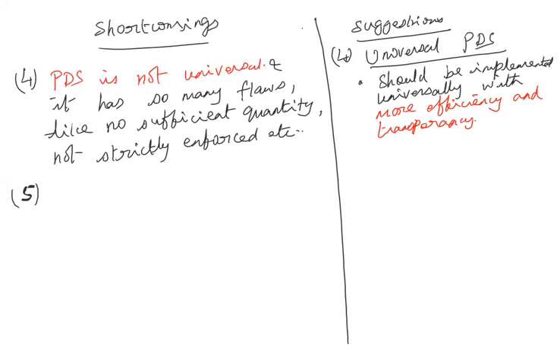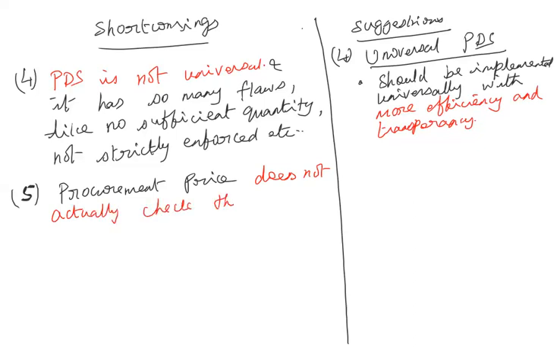Basically, the procurement price does not actually check the abnormal increase in prices of agricultural goods.